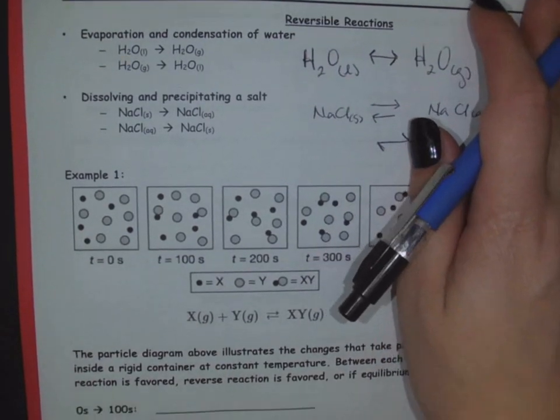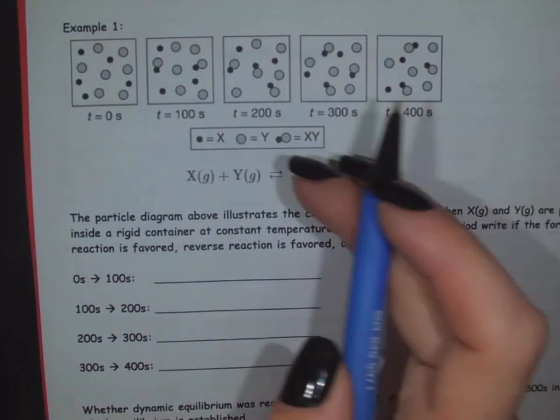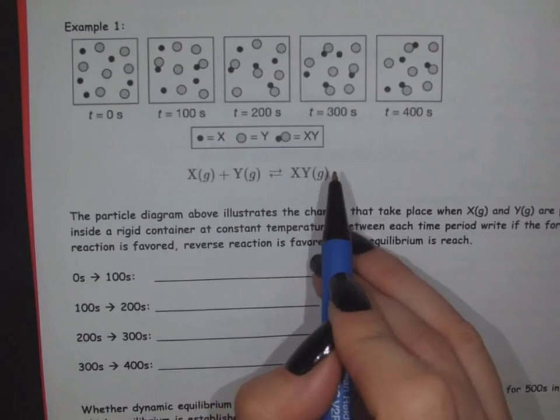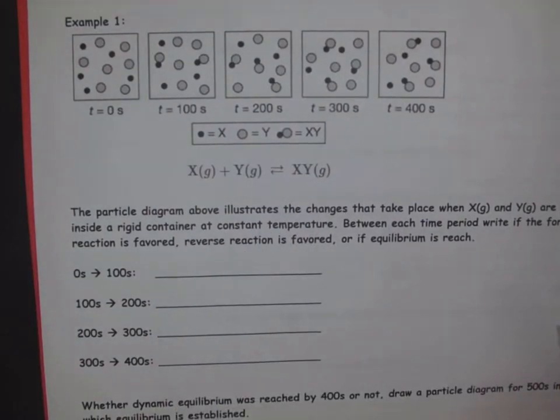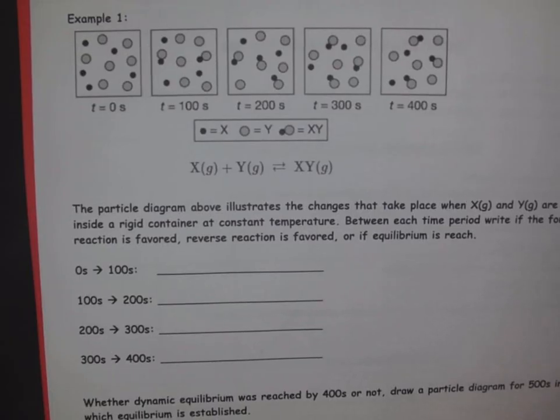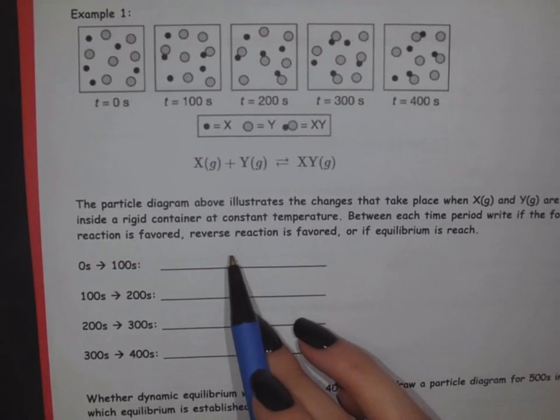So we're going to have this equilibrium, this back and forth reversible reaction where X plus Y turns into XY and backwards. We want to know if or when equilibrium is reached, and we're going to look at each time frame here.